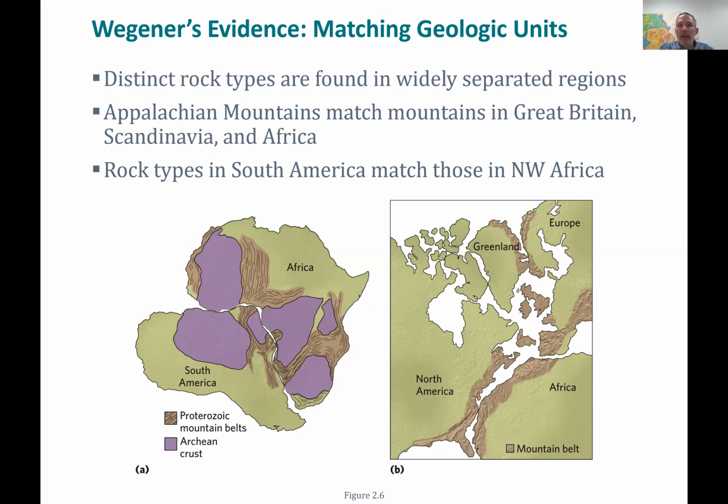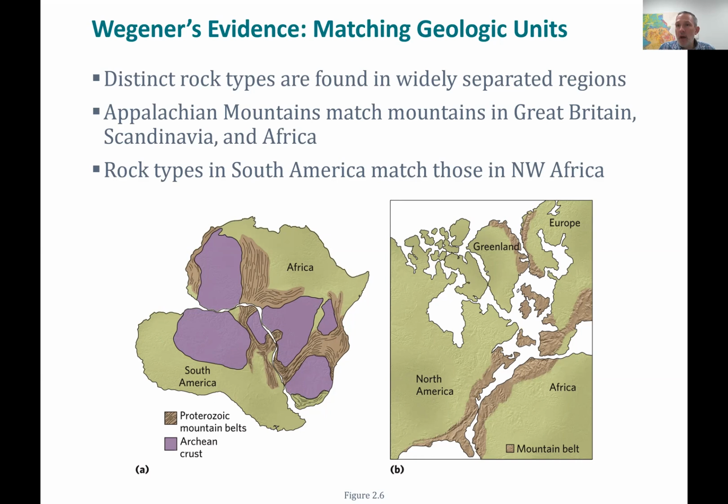Later, it was found that when we started looking at the different mountain belts, this also matched up. If we take a look at the Adirondack Mountains in the United States, the Atlas Mountains in Africa, and the British Isles, we can see a mountain range extending all the way up through this entire region.